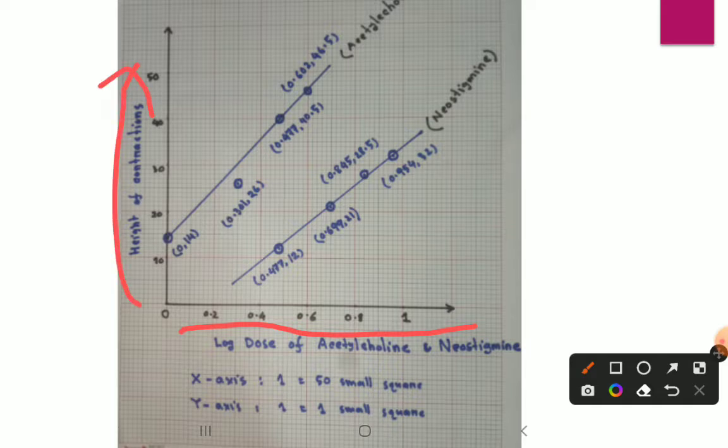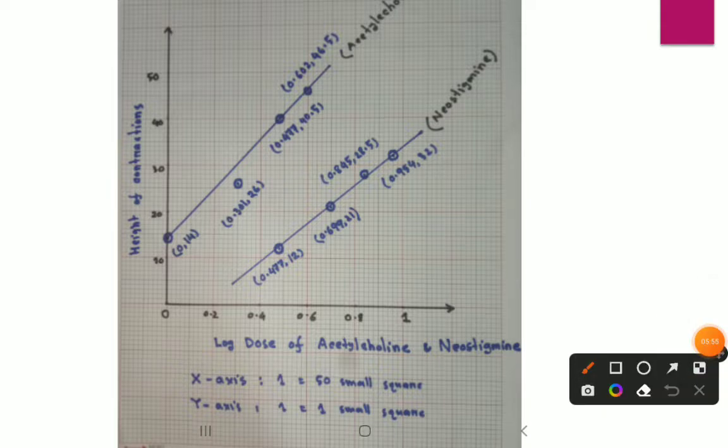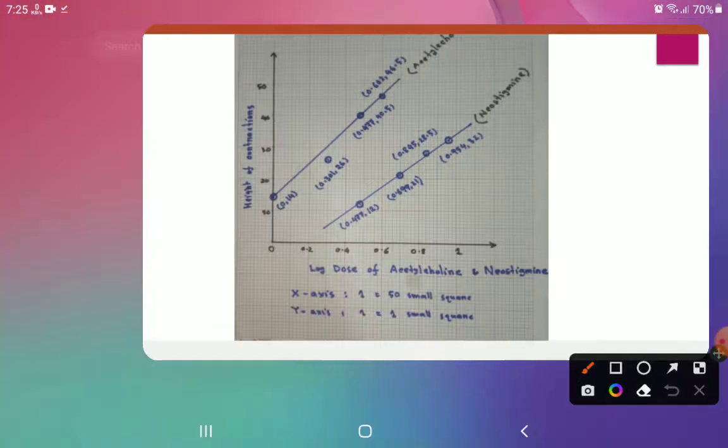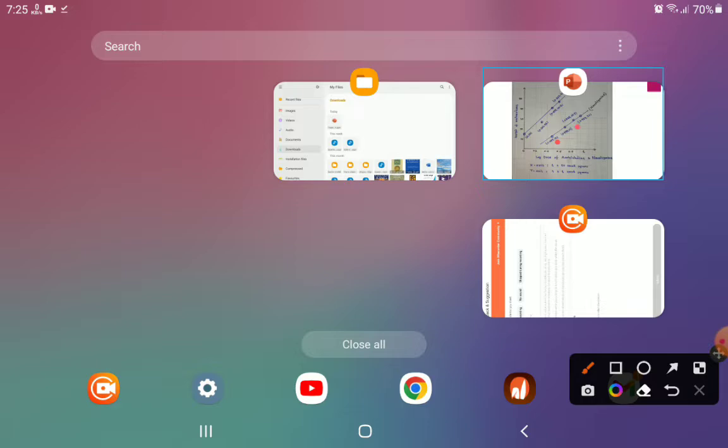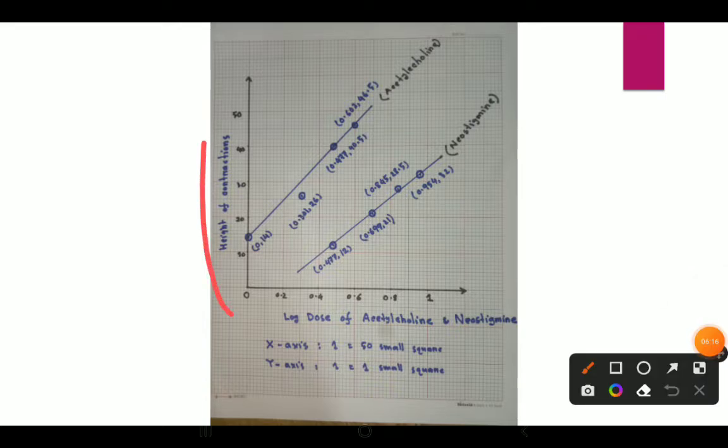See, in the x-axis 1 equal to 50 small squares. So 50 small squares were taken for 1, and in the y-axis 1 equal to 1.